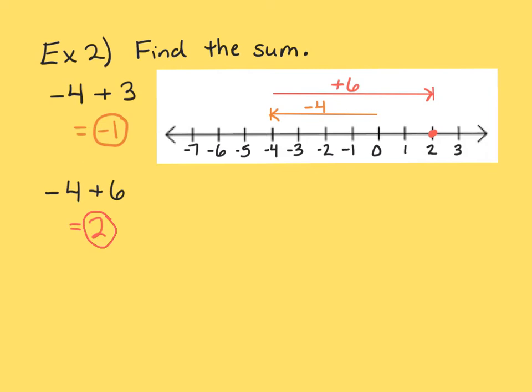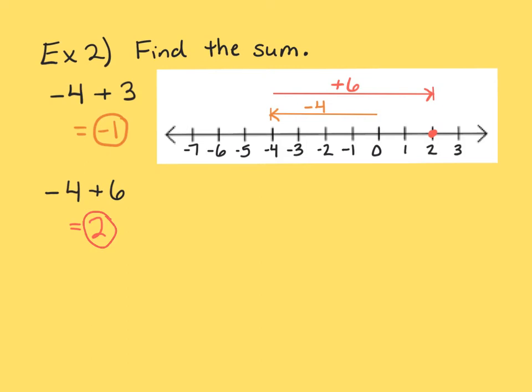You might notice something going on with 4 and 3 that could result in 1, just ignoring the signs. Or in our second problem, what could go on between 4 and 6 that results in 2 if we ignore the signs? You may notice that you could subtract just the absolute value of each number to get the sum.